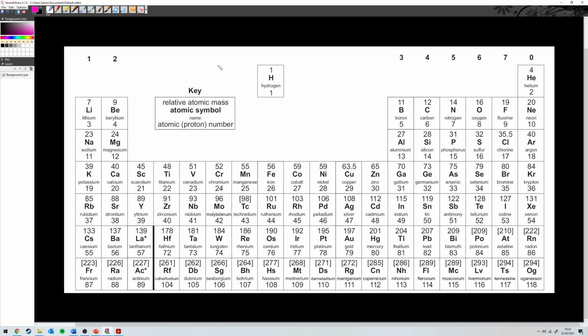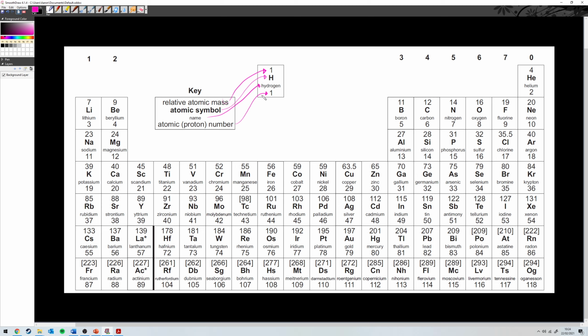First of all, let's just look at the key. You don't have to draw this on, but I'm just going to explain this. The relative atomic mass is the top number. Then the atomic symbol, you can see the next one up, then the name. This key tells you which order the information appears in.